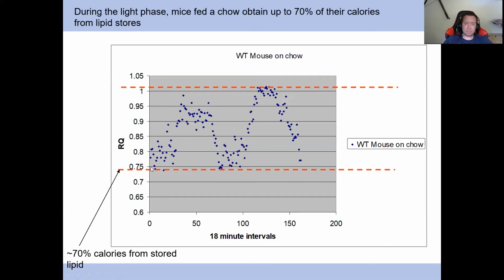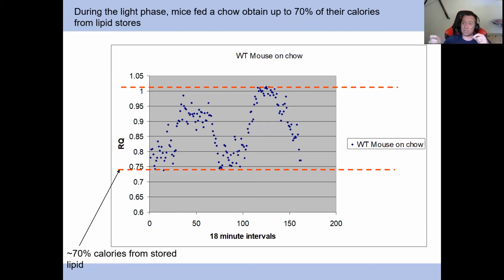And we can see here, this is a mouse on a chow diet, and it's looking at its respiratory quotient profile over 48 hours. Despite this diet having a food quotient of above 0.9, at this stage here, which is basically in the morning when the mice have gone to sleep, they're using maybe 70% of the calories they are expending from stored lipid.